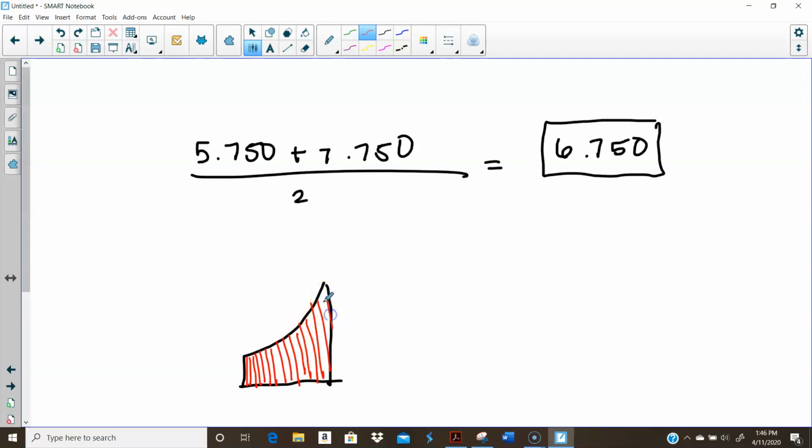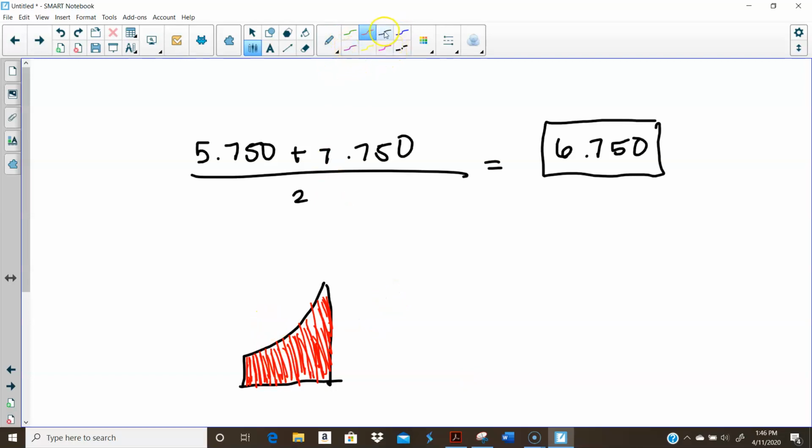As I make that width move to 0, I'm going to draw more and more rectangles under here, and eventually it's going to fill in to where I am actually calculating the area underneath that curve.